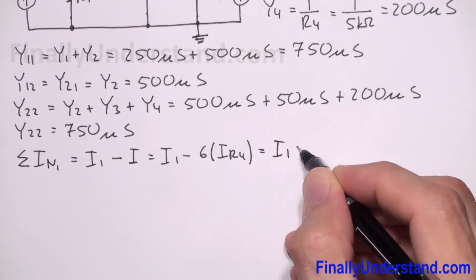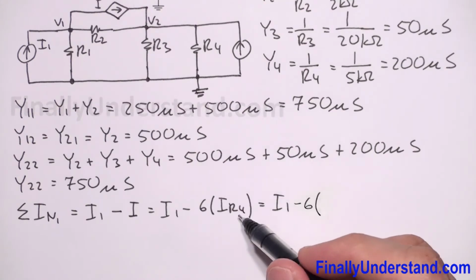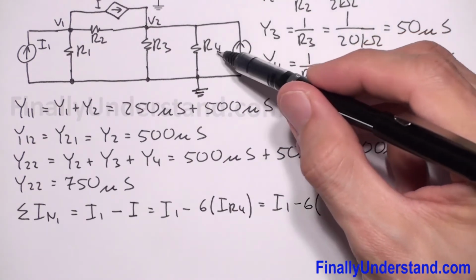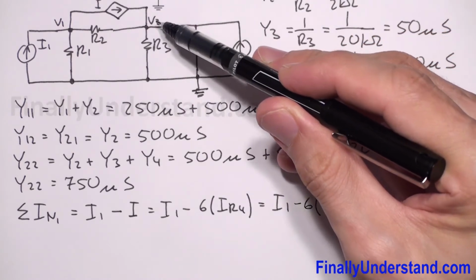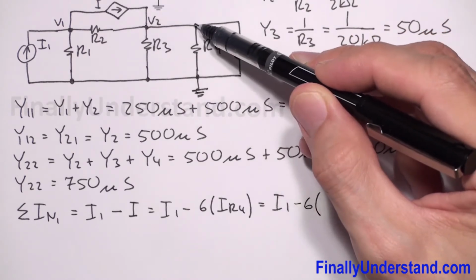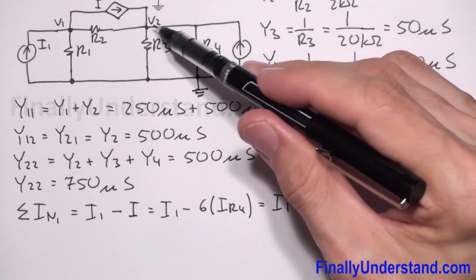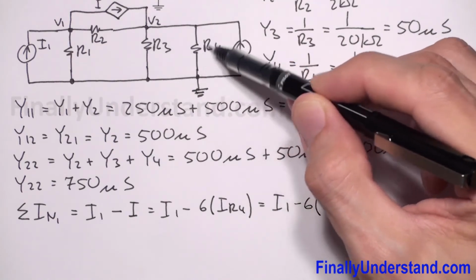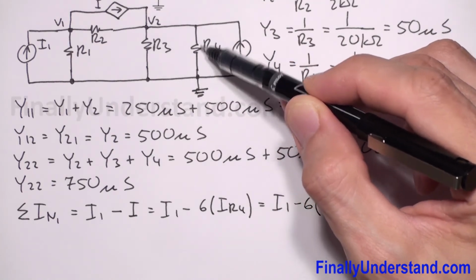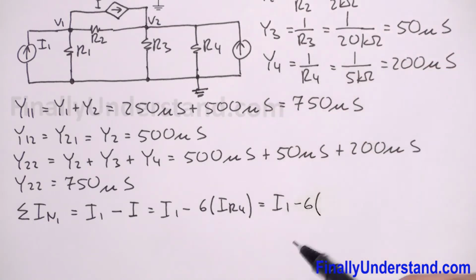This is I1 minus 6 IR4, the current which goes through resistor R4, we would calculate by dividing V2 by R4, because the voltage between this point and ground is the voltage which will appear across this resistor. So V2 divided by R4 will give me IR4.